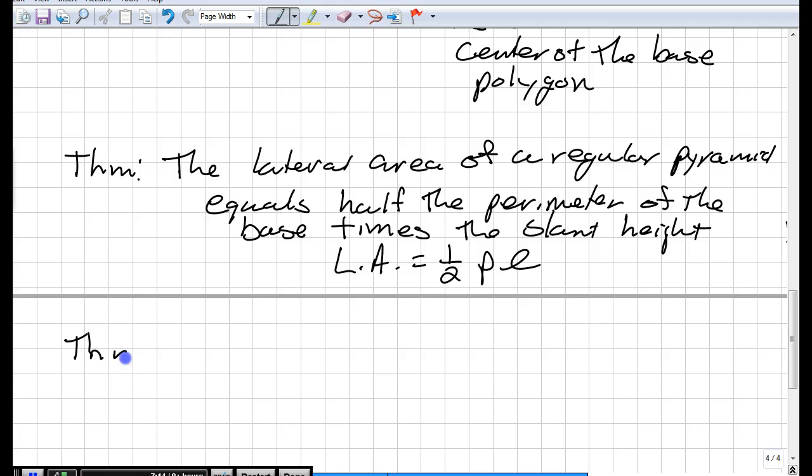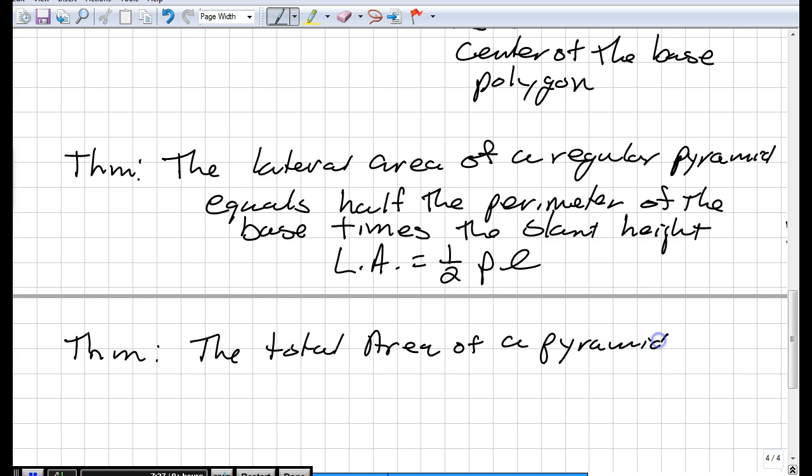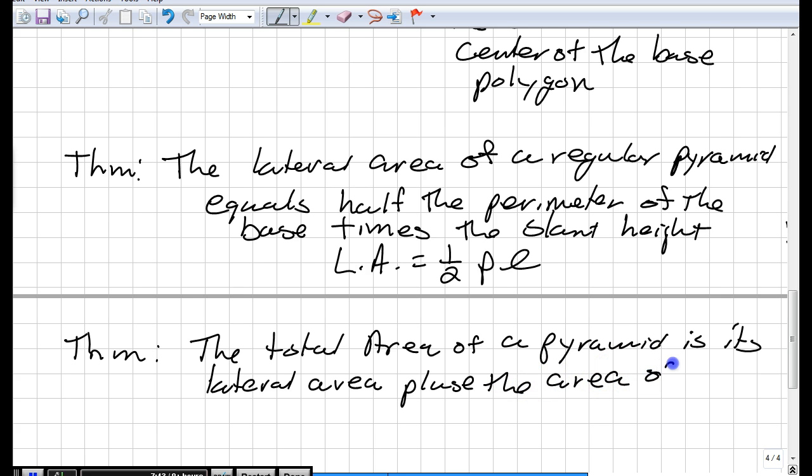Then the second theorem is for total area. The total area of a pyramid is its lateral area plus the area of its base.